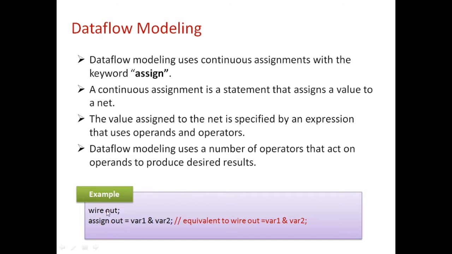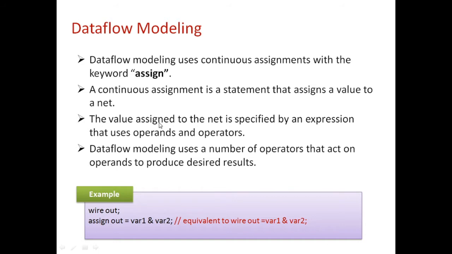So in this example, if out is my net, the value assigned to this net is specified by this expression, because variable 1 and variable 2 are the operands separated by an operator, which gives me an expression.